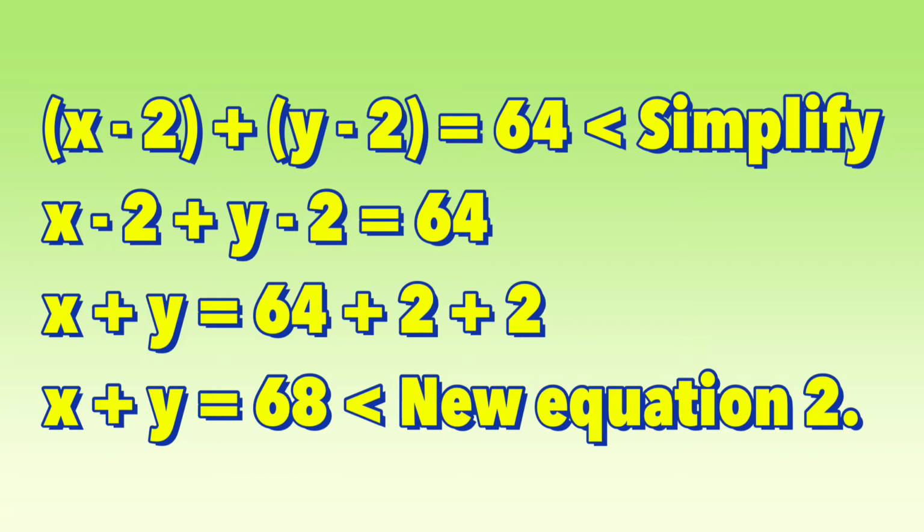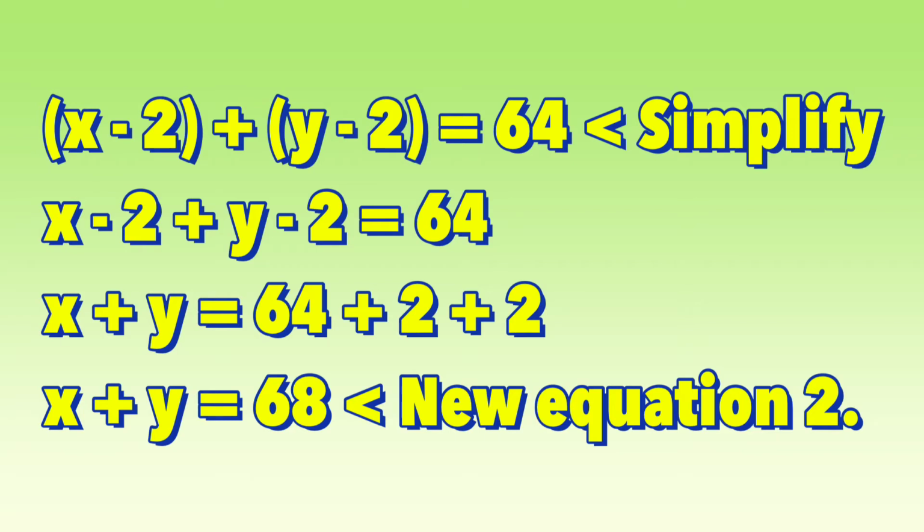In step 3, we have to solve the equations. Equation 1: x minus y equals 10. Equation 2, the new equation: x plus y equals 68. And we will use the elimination method, meaning we're going to eliminate one of the variables from equation 1 and equation 2.